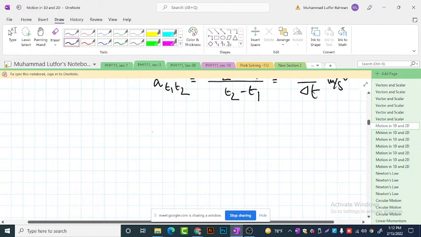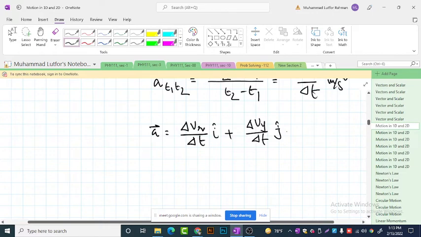For the two-dimensional or three-dimensional case, we can also write the average acceleration as del vx divided by del t i hat, where del vx is the change of velocity along the x direction, plus del vy divided by del t j hat, plus, if it is three-dimensional, del vz divided by del t k hat.